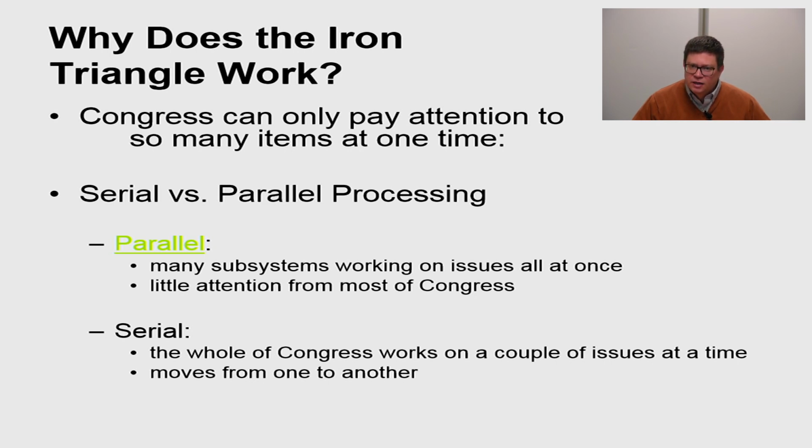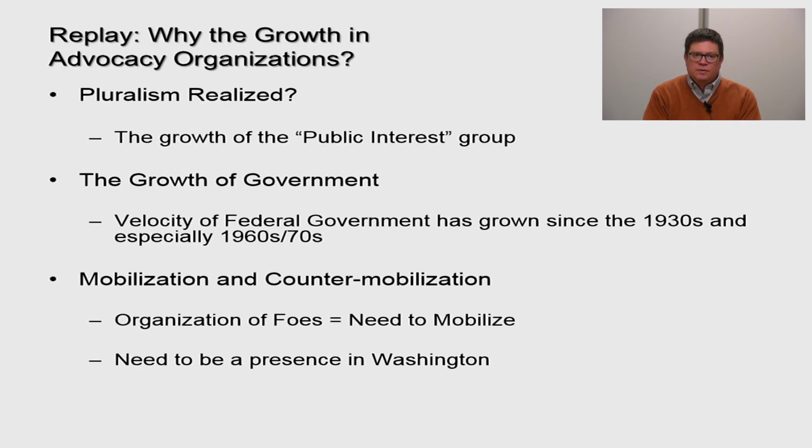There are a bunch of other things going on here, right? So those are the couple of issues. Congress can only deal with a couple of issues on a broad scale at any given time. The rest of the stuff takes place in subcommittees, subsystems in these iron triangles, right?